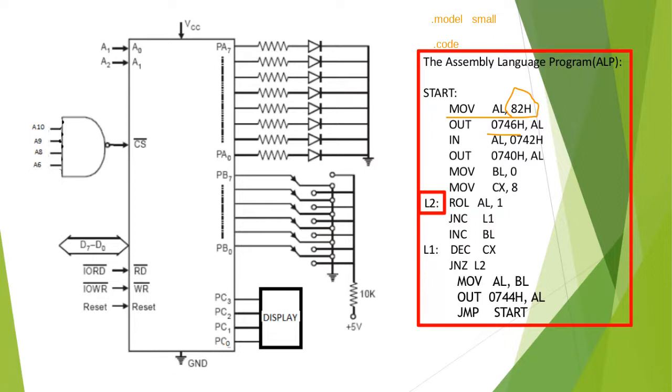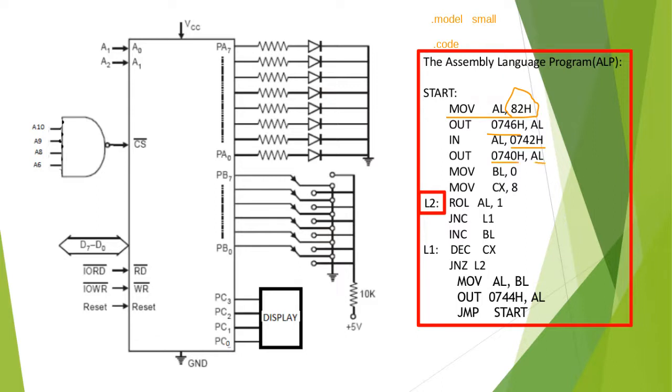And then now we read the input switches. Input switches are connected to port B. And what is the port B address? 0742. So move AL comma 0742H, and send it to port A, because it's the same pattern. If it is in the same pattern, we can just directly send AL to port A. Out port A address comma AL.